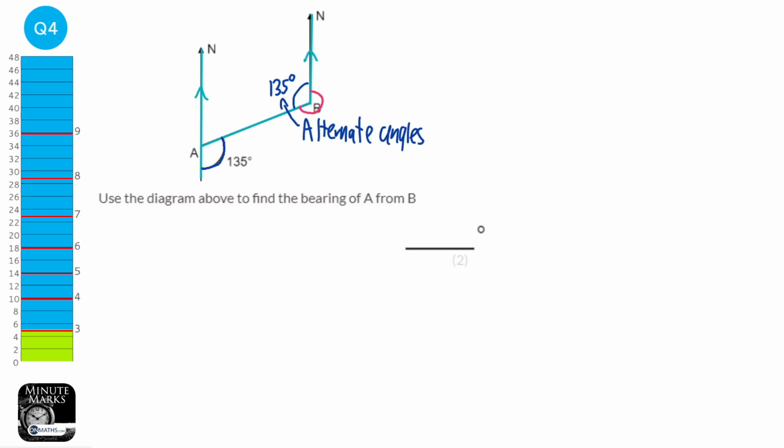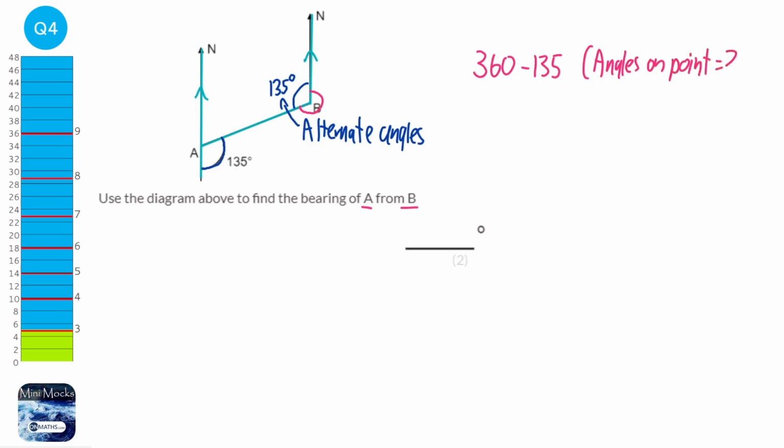So this red angle represents the bearing of A from B. And so to find this angle out, what we're going to do is just 360 take away 135. And the reason for that is angles on a point equal 360 degrees. And when we work that out, we get the answer of 225.